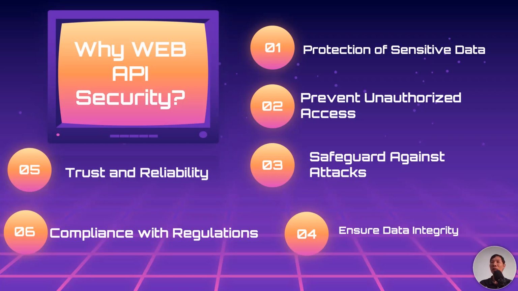And the last one is compliance with regulation. Many industries have strict regulations around data security, such as GDPR or HIPAA. So our secure API helps us be compliant for our data. That's why API security is important in our modern applications.